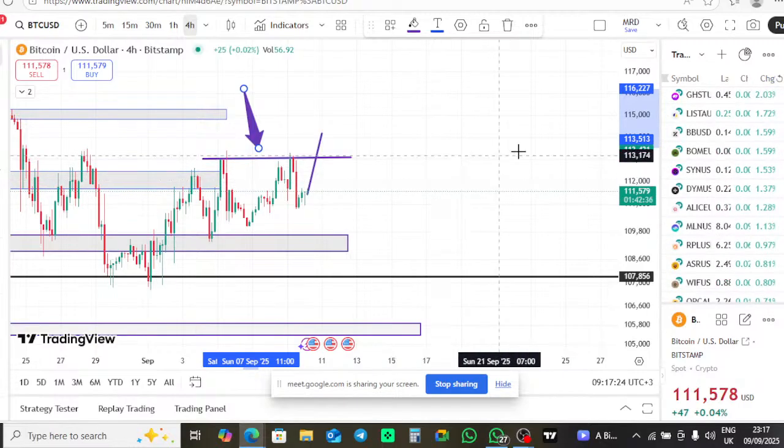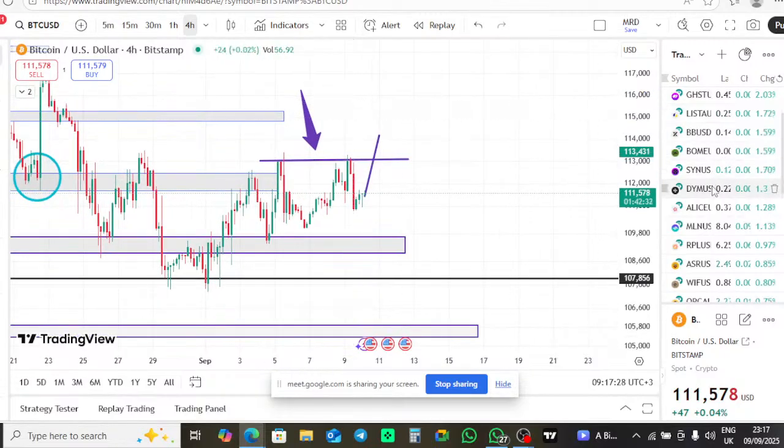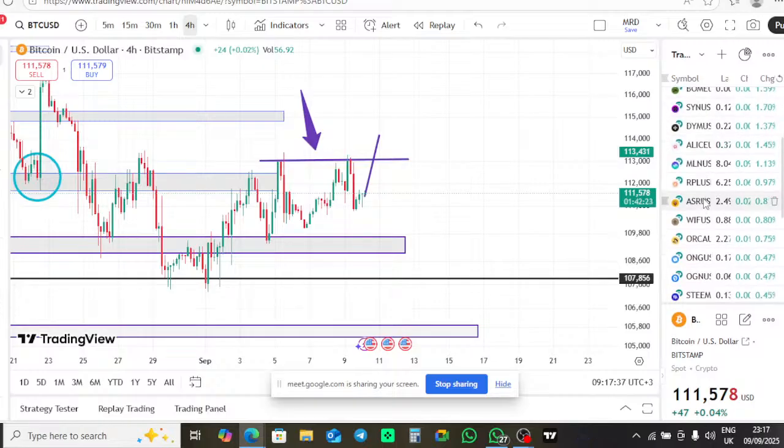Okay, so let us go straight away to today's lesson. As we communicated, we are going to look at support and resistance, then Gartley Predictor.